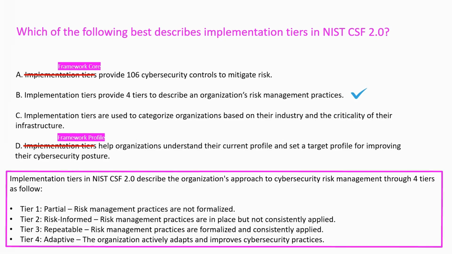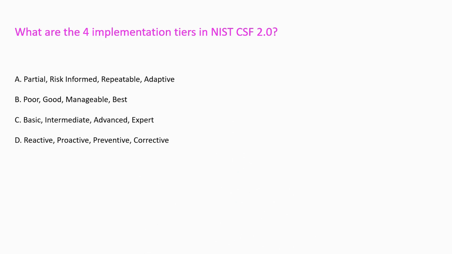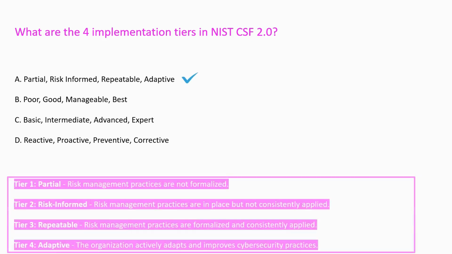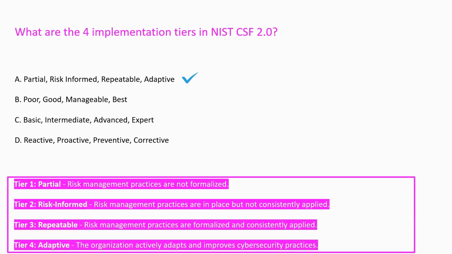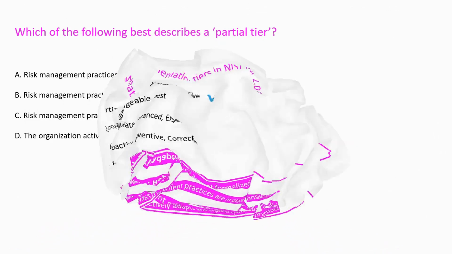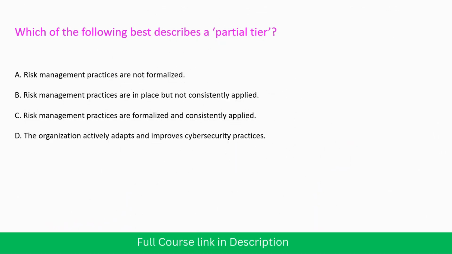Next question. What are the 4 implementation tiers in CSF? We already discussed option A. Next question, which of the following best describes a partial tier?